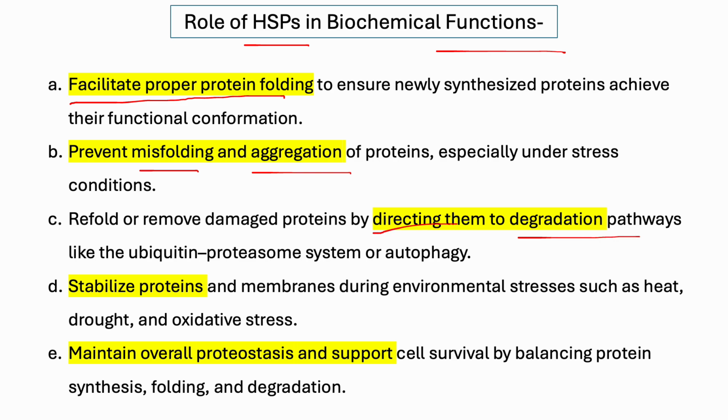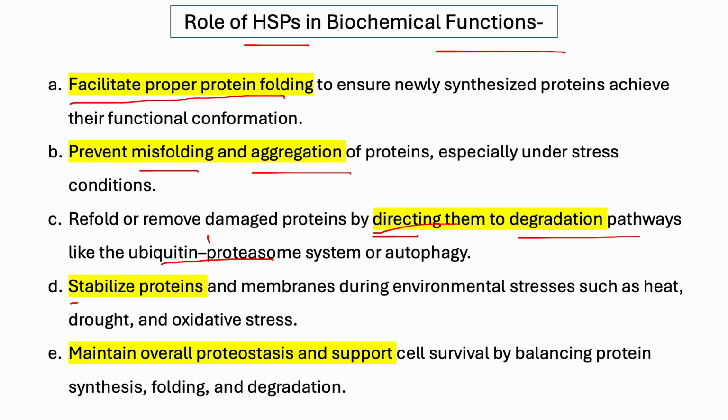I will tell later about the degradation pathway, how the ubiquitin-proteasome system helps to degrade this misfolded protein. Because this misfolded protein needs to go to the ubiquitin-proteasome system to degrade, who will assist here to direct? Here again heat shock proteins will help to direct them to the degradation pathway, that is the ubiquitin-proteasome system. I'll show it later.